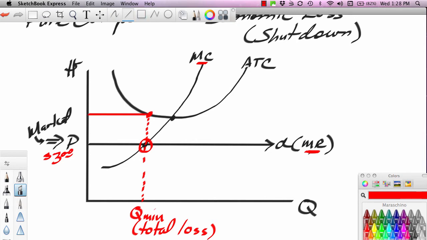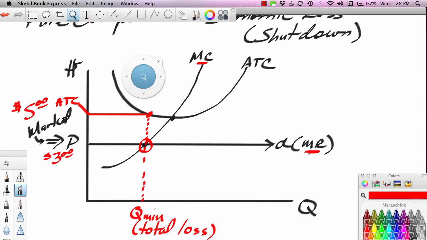And we can see that the average total cost is way up here. So the average total cost at Q min is well above the price. Say the average total cost is $5. So on average, it costs this producer $5 to produce units.